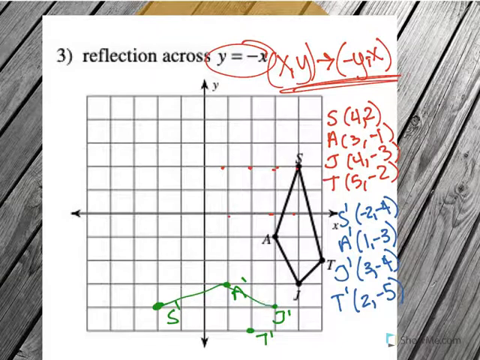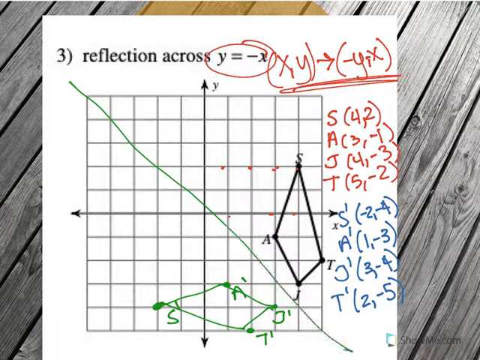So when we connect those, we have the same shape, if I actually hit the points, okay? And it looks like it reflected, as it did, right across that y equals -x.